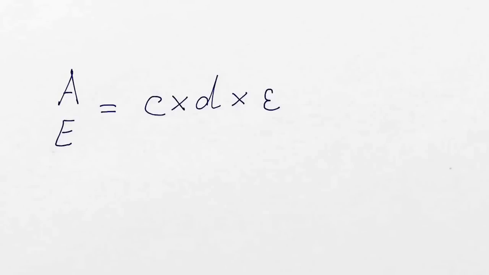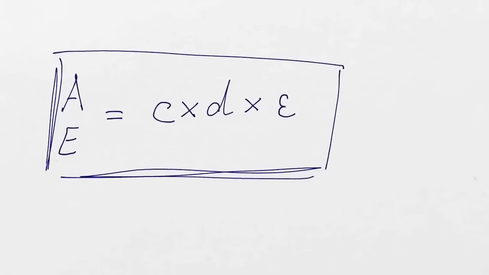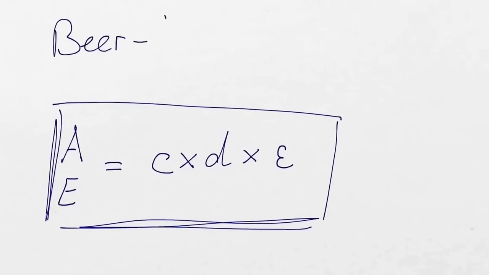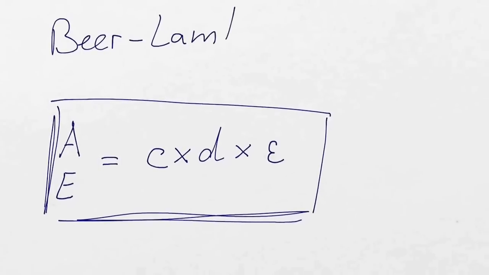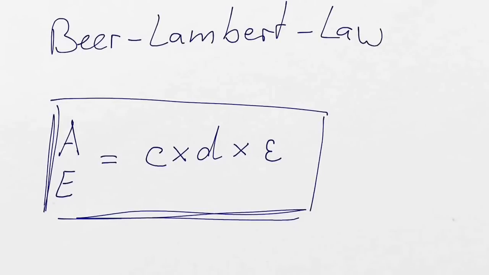Now this is actually a very, very important equation. And because it's so important, it has a name. Any idea what it's called? It's called the Beer-Lambert law. Beer-Lambert law.